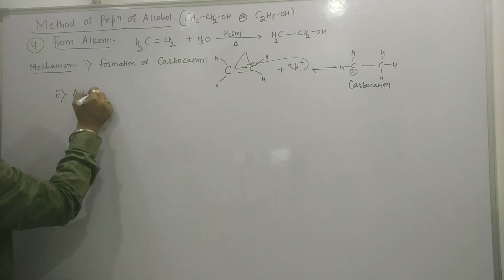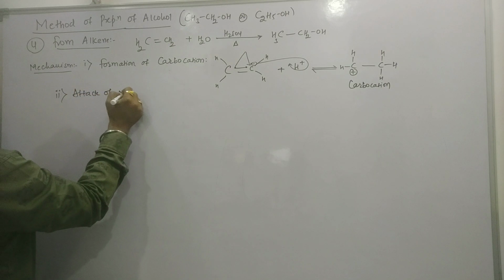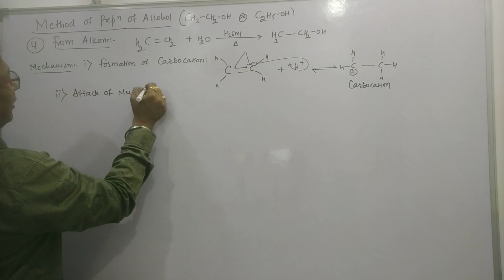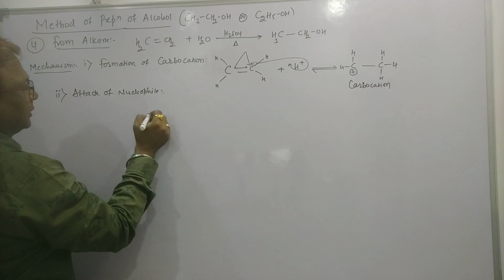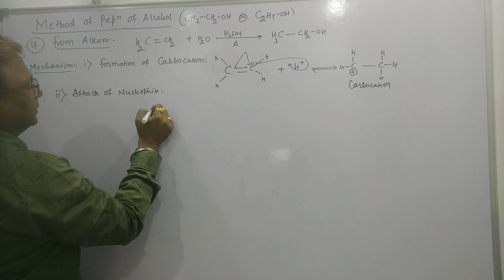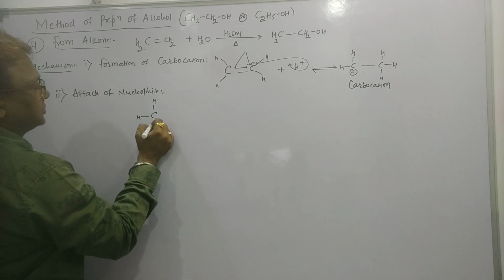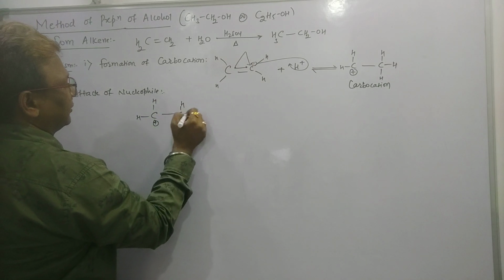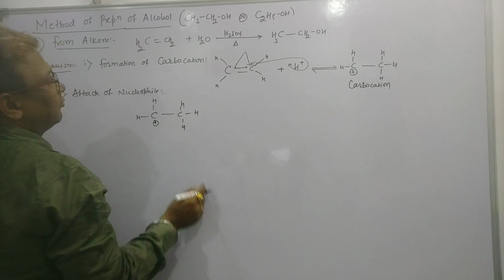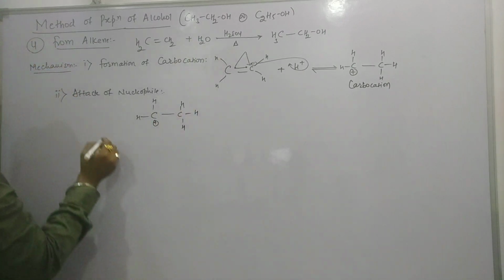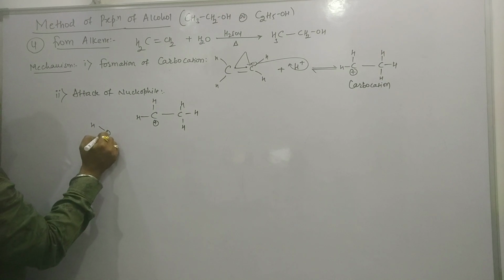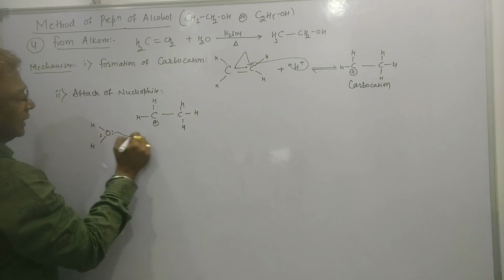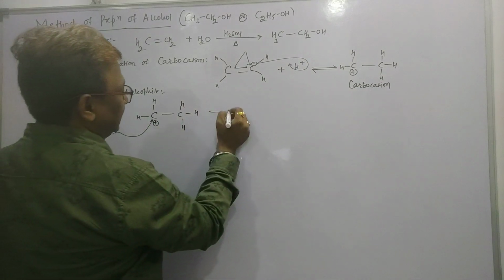Step number two is the attack of the nucleophile on the carbocation. See, this is a carbocation we have: CH2 with a positive charge, bonded with CH3. What is a nucleophile? You know water is a nucleophile. I'll write the water in this way. It has its lone pair and it will attack the carbocation.